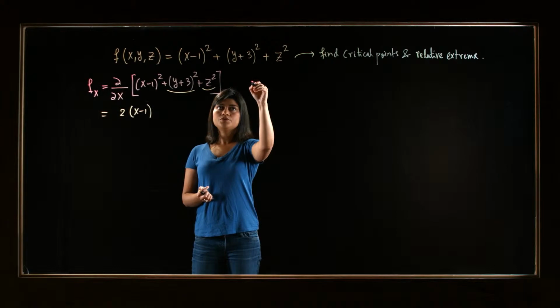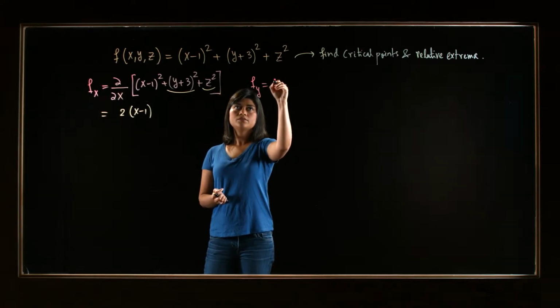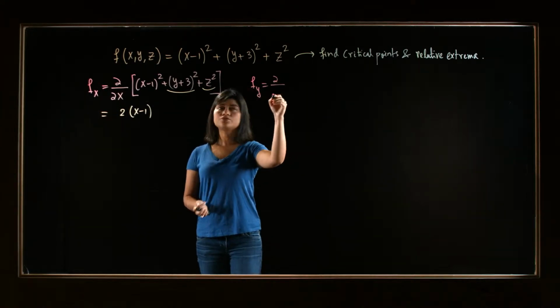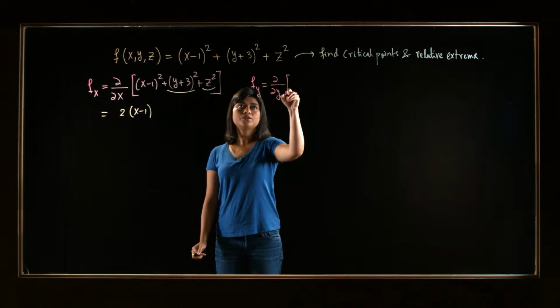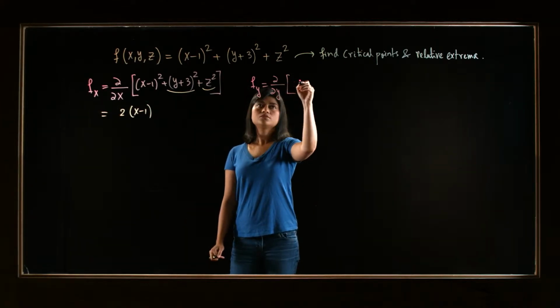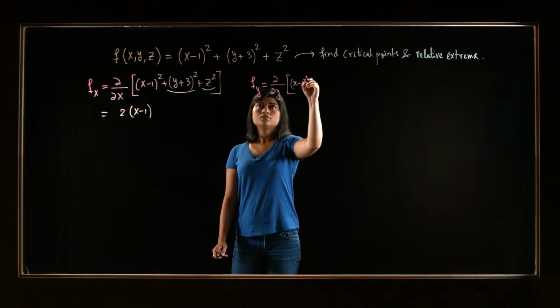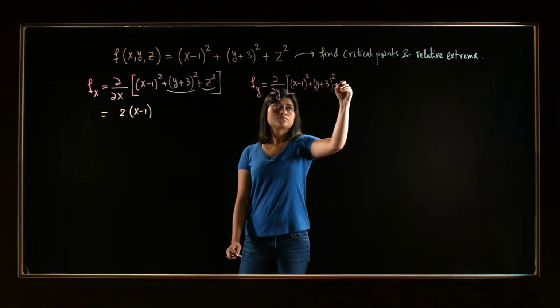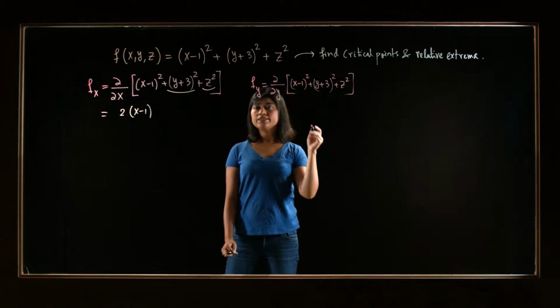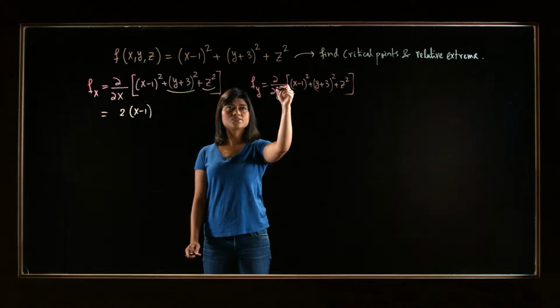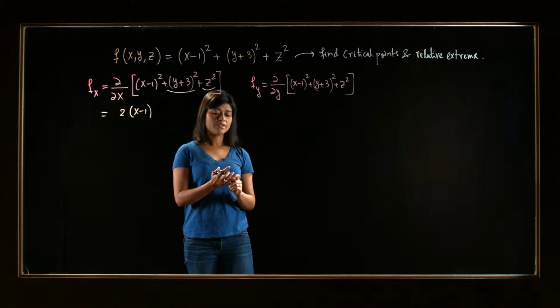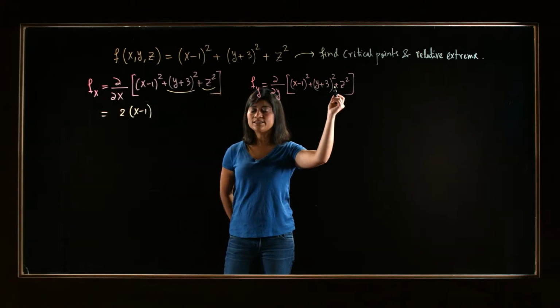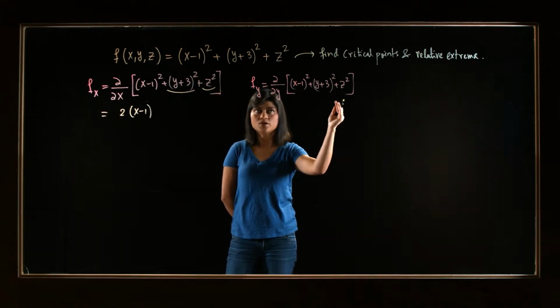Now, let's compute fy, and that is the partial derivative with respect to y of the function. In this case also, since it is a derivative with respect to y, x and z are considered constant.